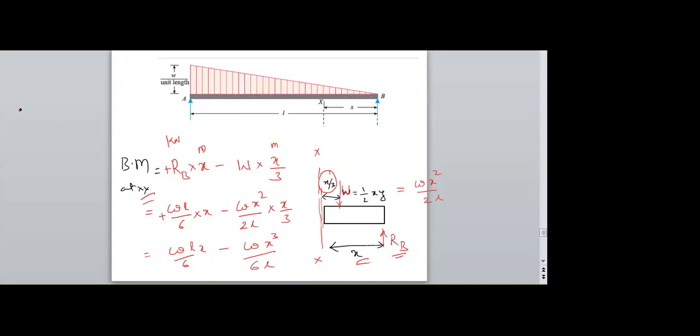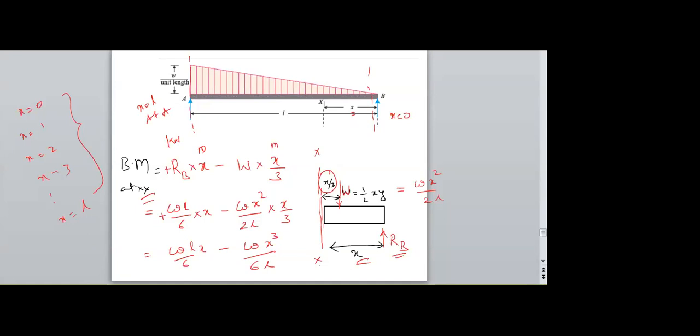After that, I need to substitute x is equal to 0, x is equal to 1, x is equal to 2, x is equal to 3, and so on, up to x is equal to L. That is, x is equal to 0 means at B, x is equal to L means at A. So I will get the bending moment values while varying the x values.